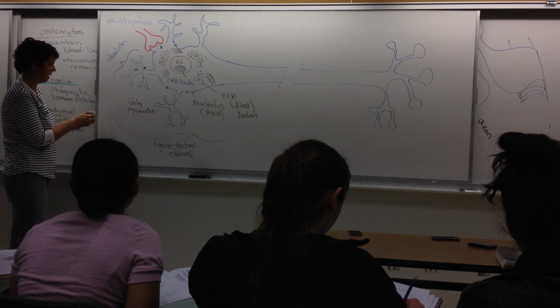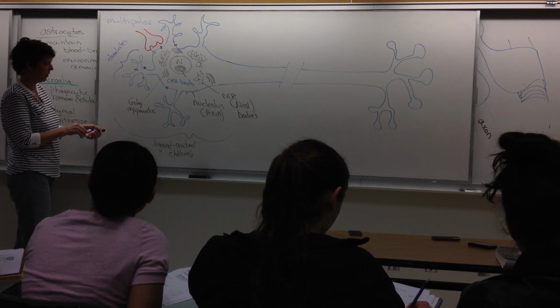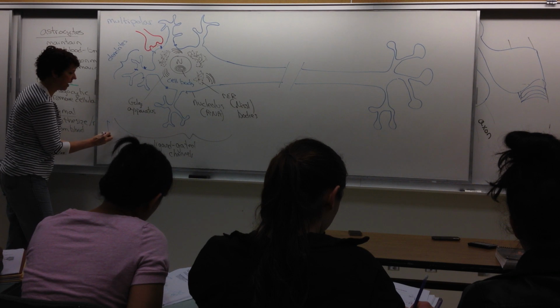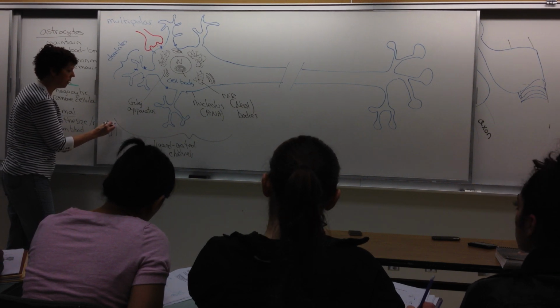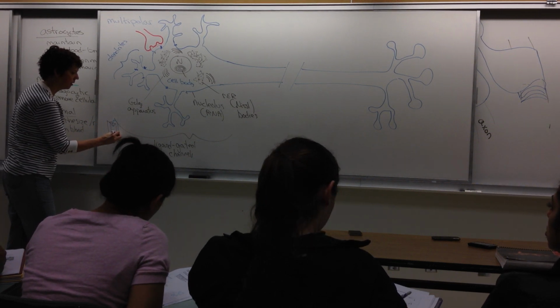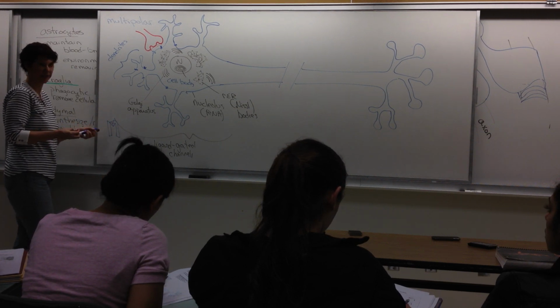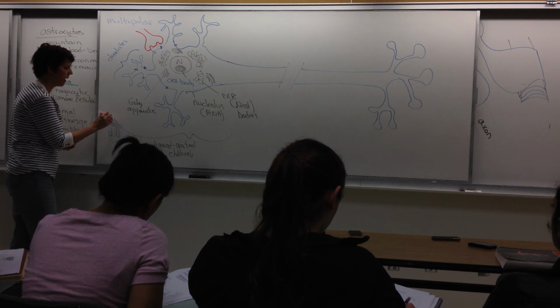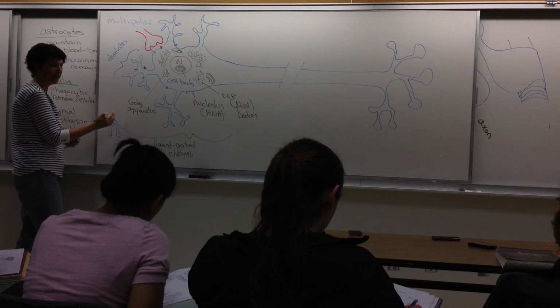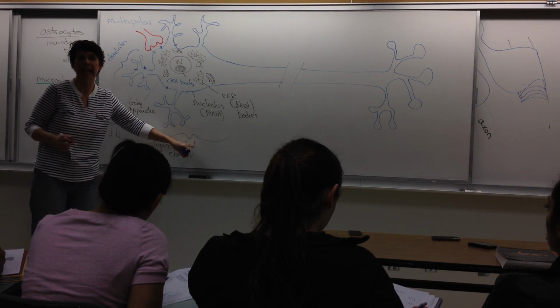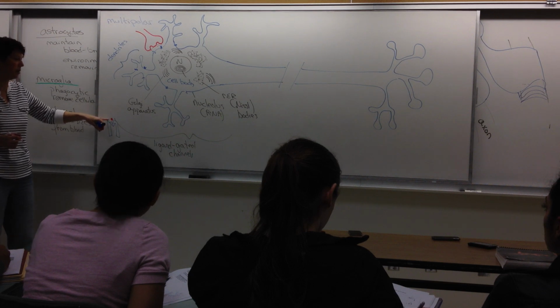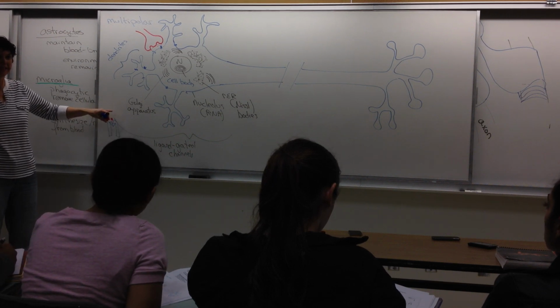In other words, that receptor is going to be an ion channel that is closed until it receives a ligand binding to it. And then when that ligand binds to it, it opens. So it's a ligand or chemically gated channel. It requires that chemical to bind to it before it opens.